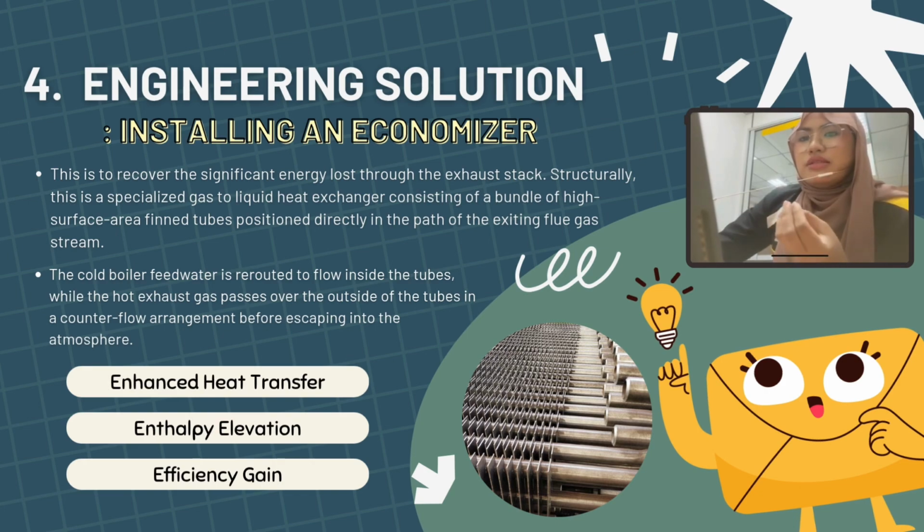This raises its starting enthalpy before it ever touches the boiler burner load. Last but not least, the efficiency gain. Because the water enters the boiler shell at a much higher temperature, less fuel heat input is required to boil it into steam. This directly yields a 3% to 5% reduction in overall fuel consumption.